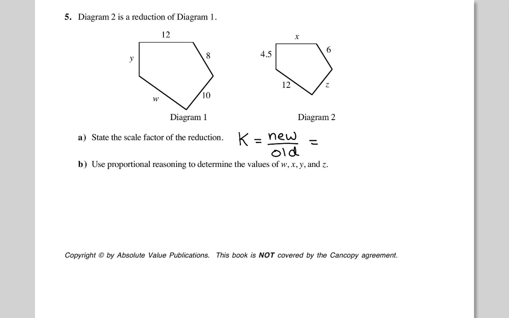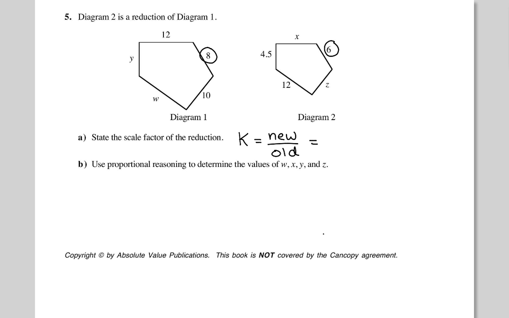So 6 would correspond to 8. Do you agree? Sometimes they can be really nasty, and they might rotate it. Okay, so just be mindful of that. This one looks like they're being kind.